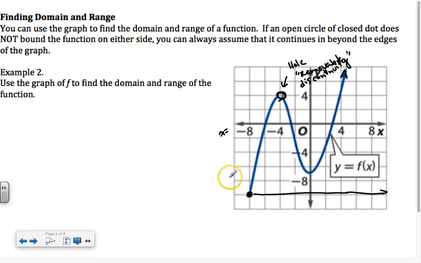So basically, in order to write this domain, I'm going to start it at this x value, which is -8, and continue it on forever, but I'm just going to take out this value at x equals 4.